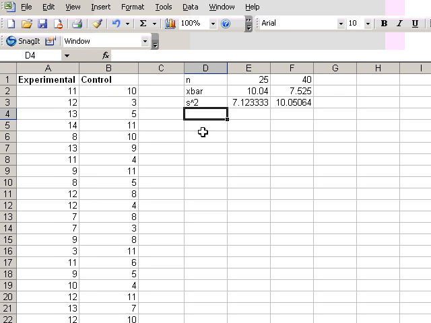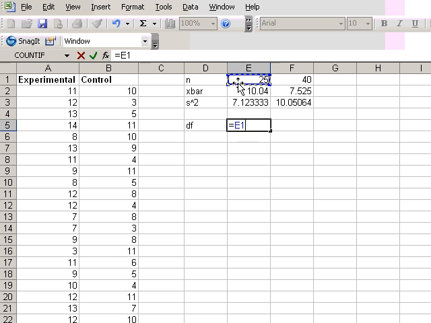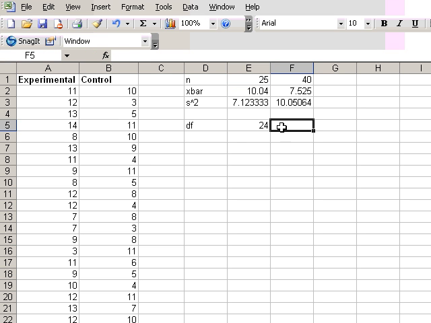And now we'll put in degrees of freedom, which is given as n-1 in the figure, but I'm going to put it as degrees of freedom. So this is equal to 25 minus 1, and I'll just drag this to the right. And we have the degrees of freedom for both groups.